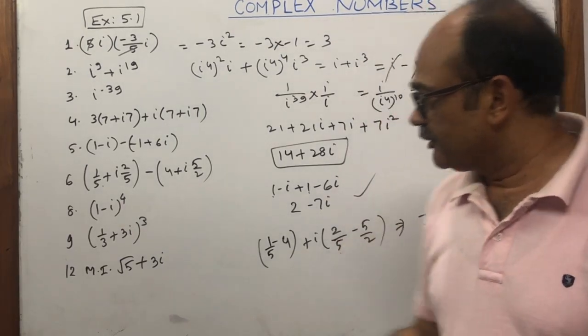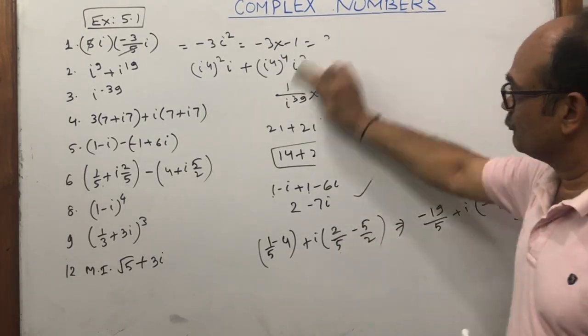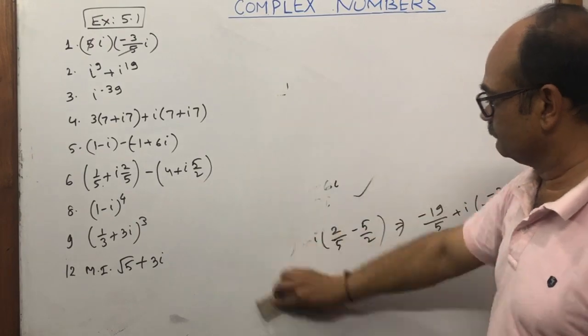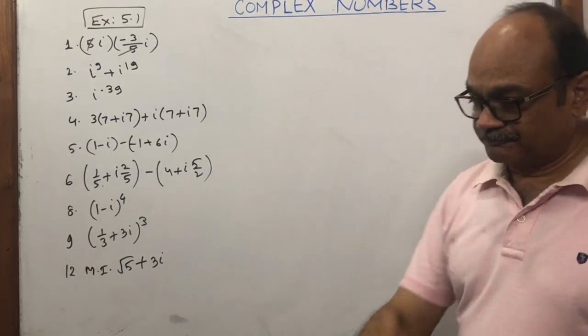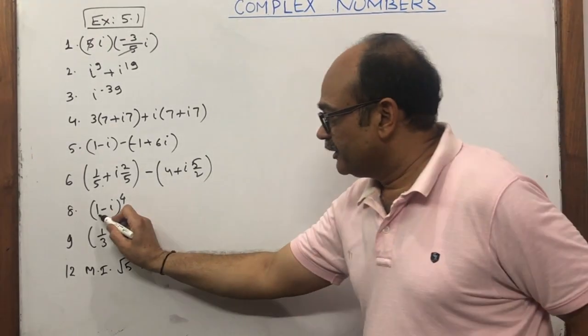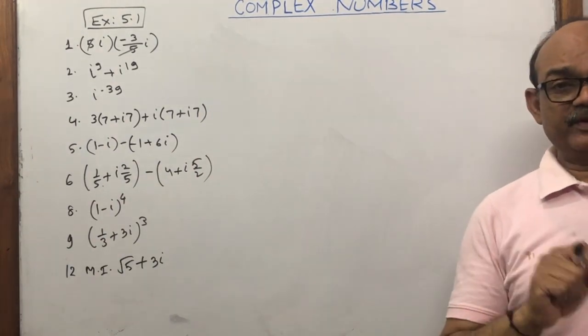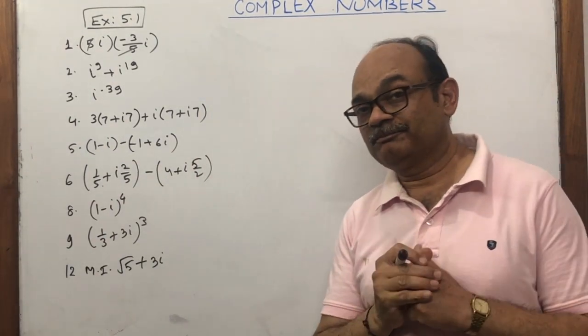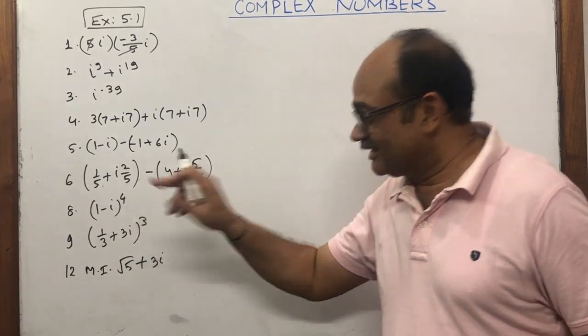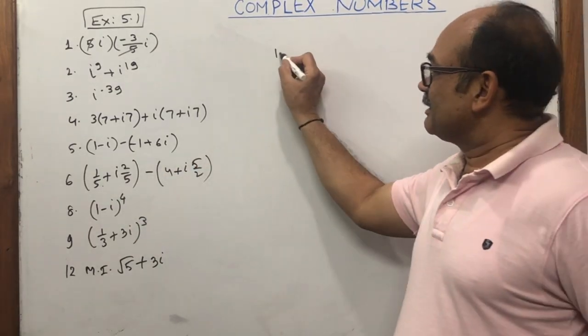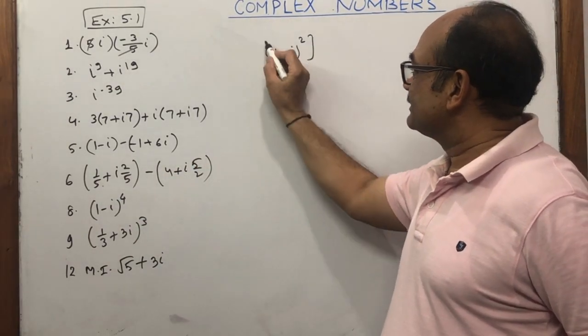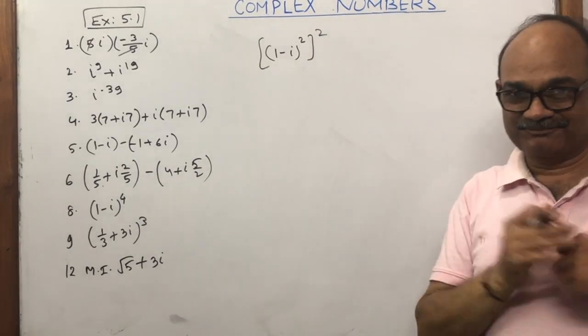Next is iota to 1 minus iota to the power 4. How do we solve? A plus B whole square, whole cube, whole power, you know. But here it is power 4. The simple way is we can write like this. Simple algebra.